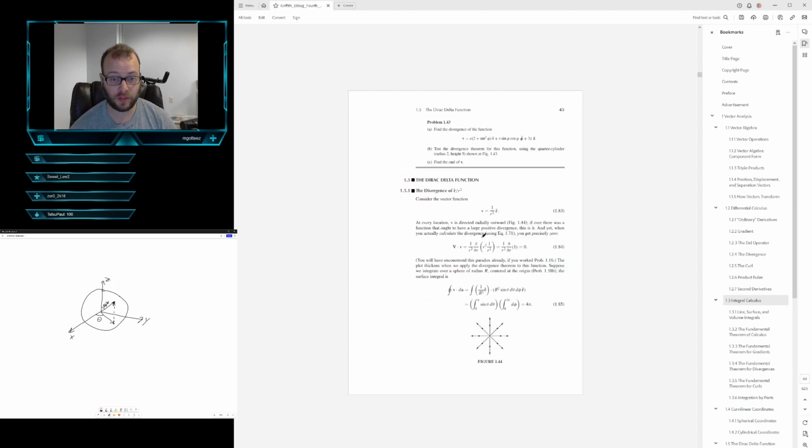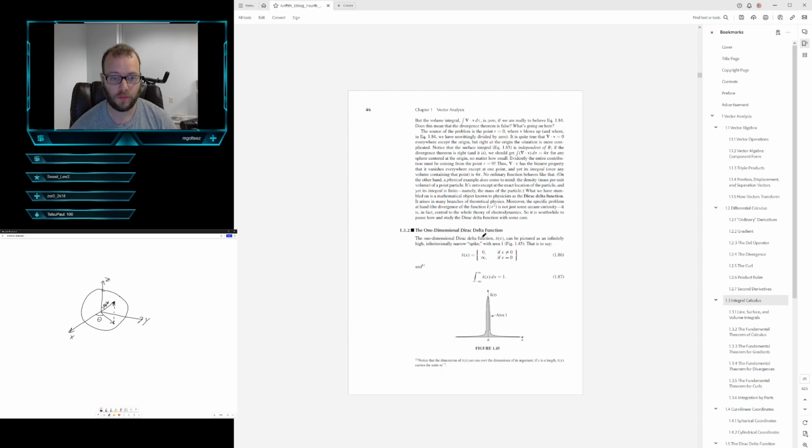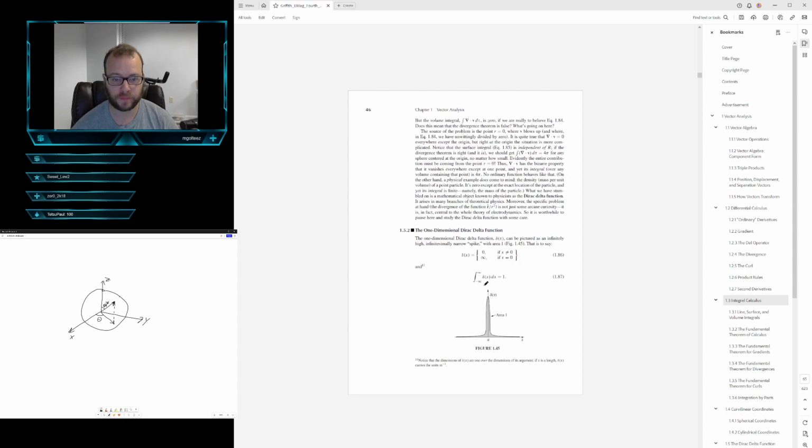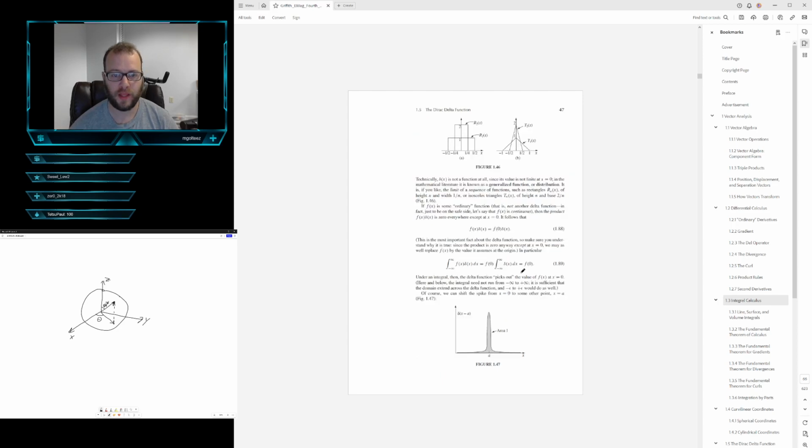Dirac delta function. We will skip over the details, but needless to say, when you integrate over a Dirac delta function, it sifts out the value of the function.